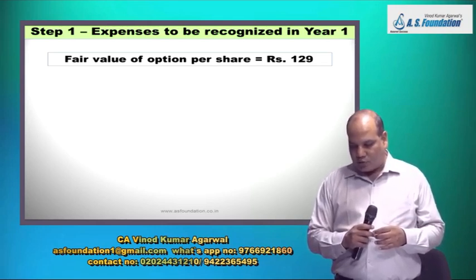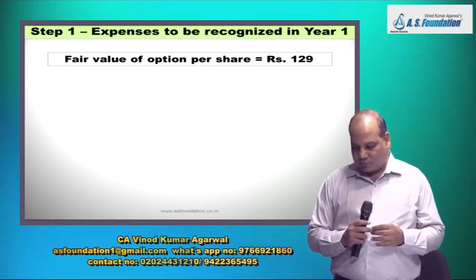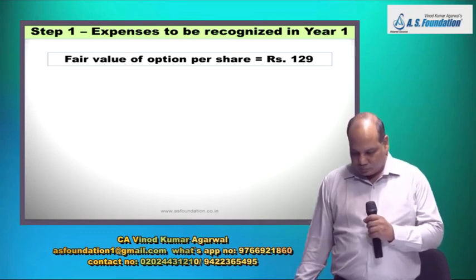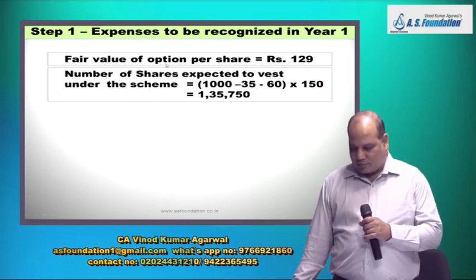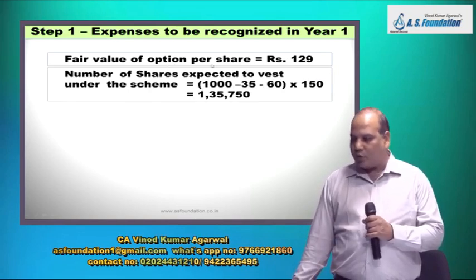First, write down expense to be recognized in year 1. Under that, write down the fair value of the option per share.